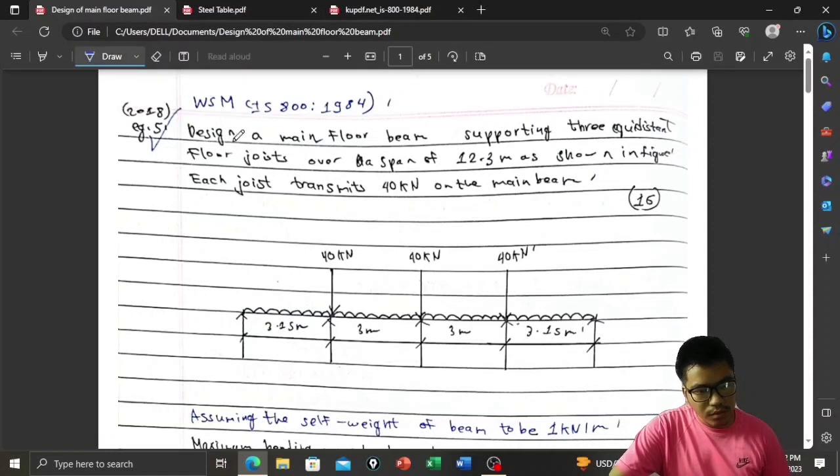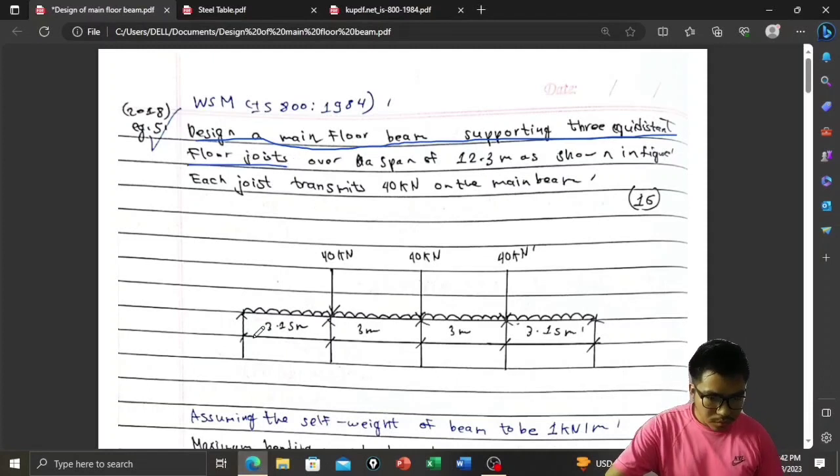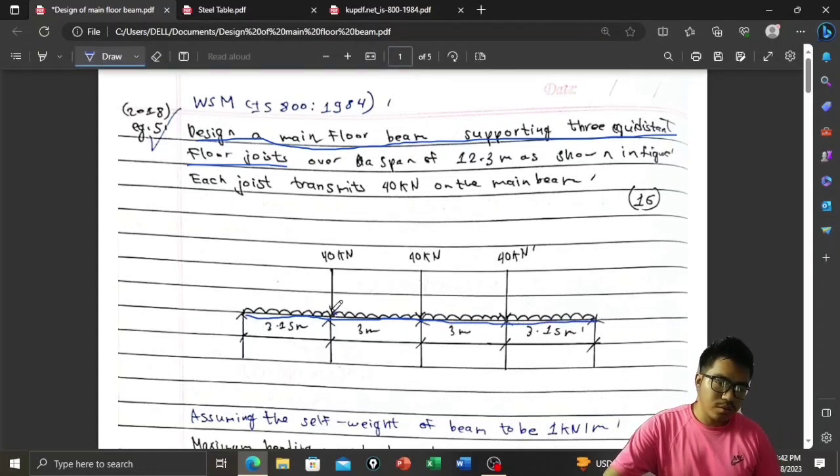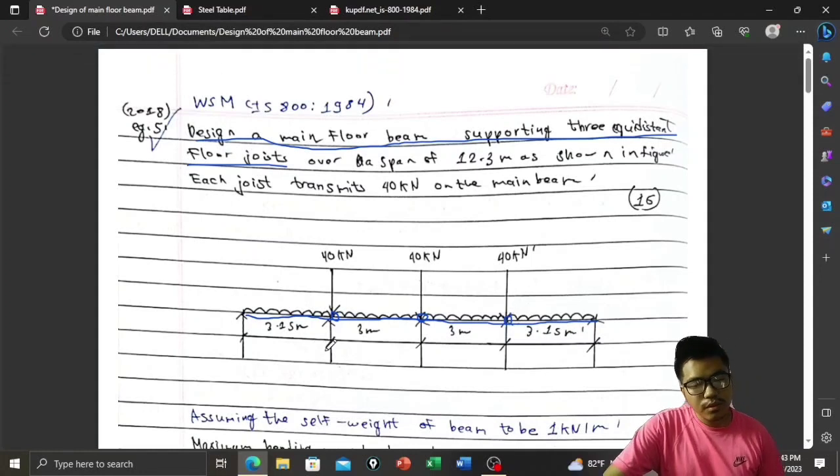So the question is: design a main floor beam supporting 3 equidistant floor joists. So this is the main beam supporting 3 equidistant floor joists. Here is one joist, here is one joist, and here is one joist.